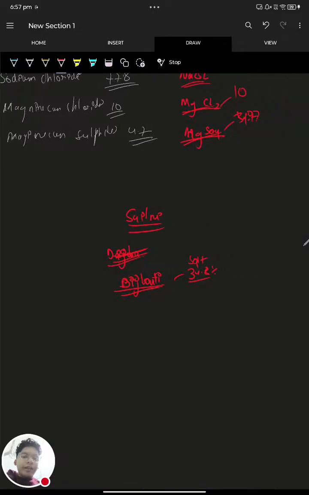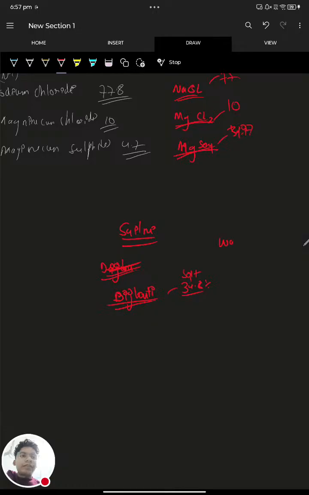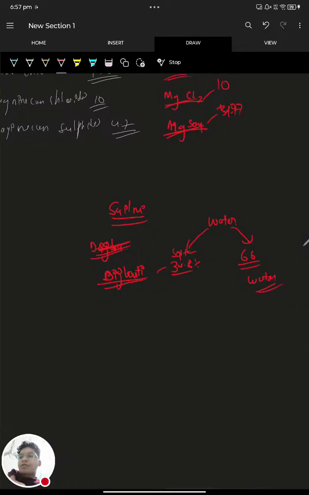As for the content, if this is water, then 34% is salt and 66% is water. Imagine that much salt. I have seen this on National Geographic channels.